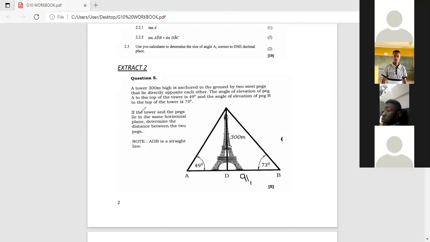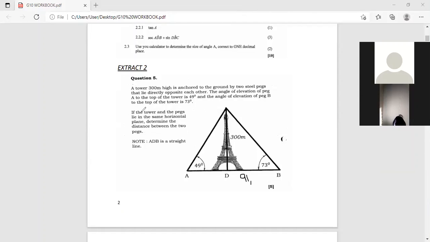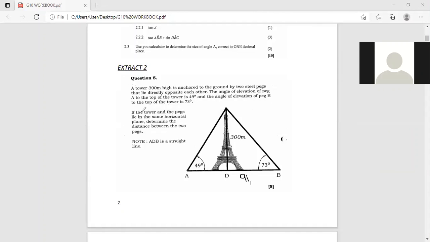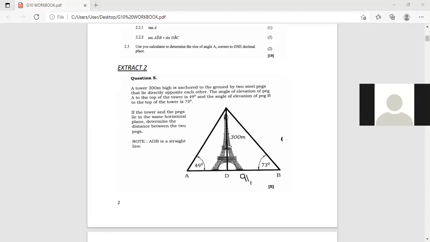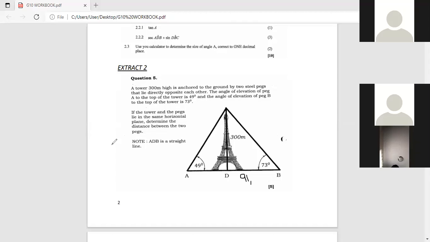For AB, we're going to take the answer for AD, which gave us 260.79 meters. Then we add 91.72, which will give us 352.51 meters.